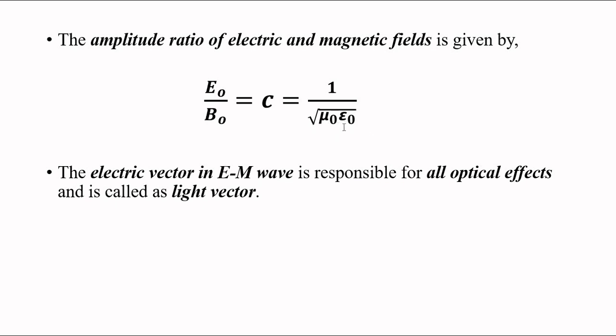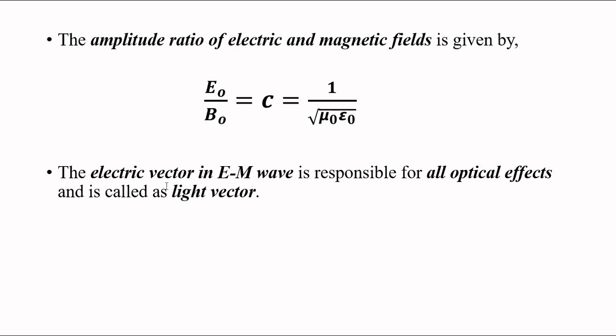So the amplitude ratio, the maximum values attained by the electric and magnetic oscillations or waves, is equal to c, 3 into 10 to the power 8.